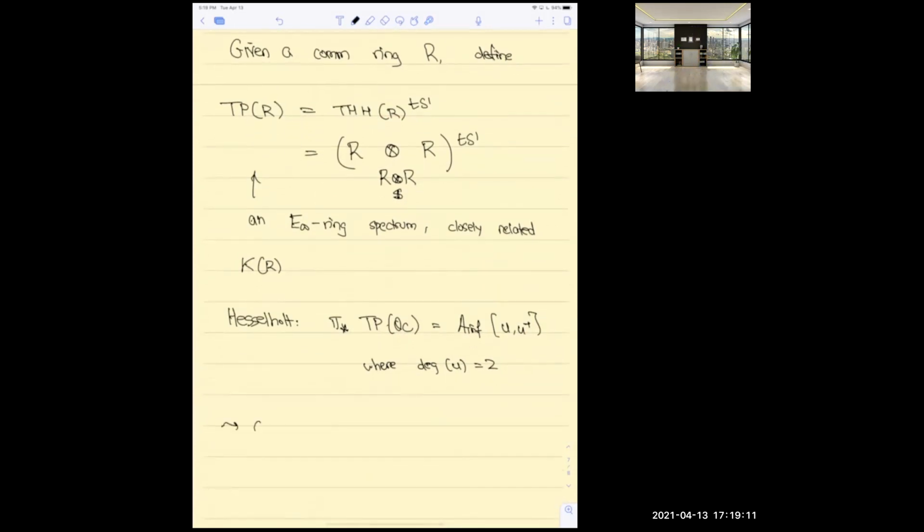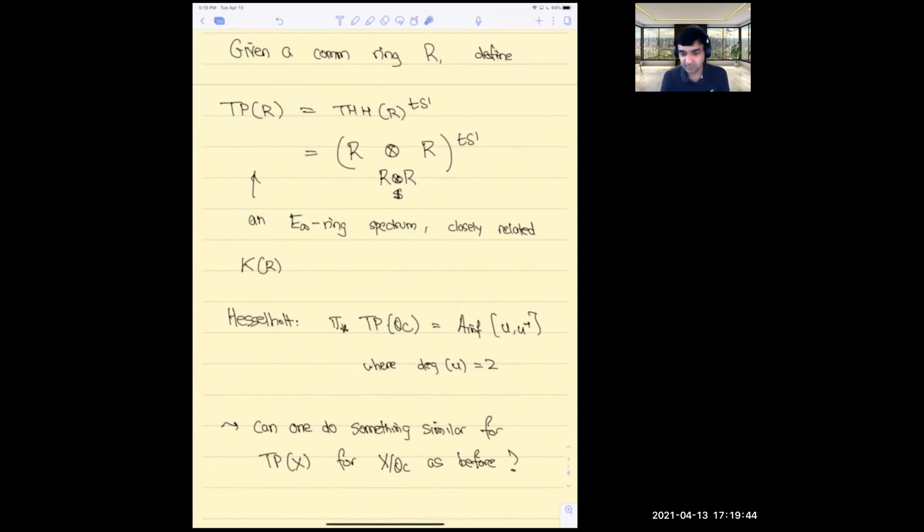So the question was, can one do something similar for TP of X, for X over O_C as before? Meaning, this is something that you can always define by more or less the same formula, and it makes sense, but you want to describe it explicitly in terms of things having to do with A-inf.